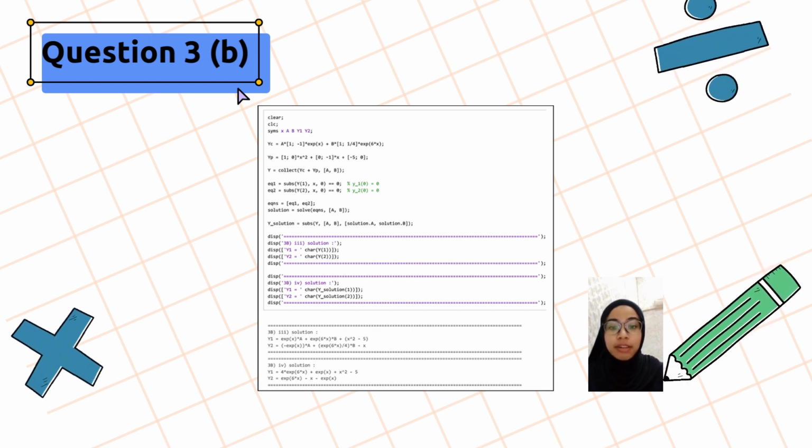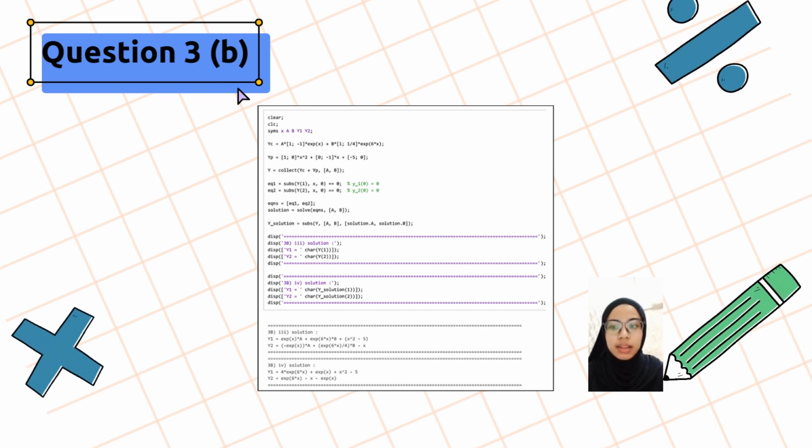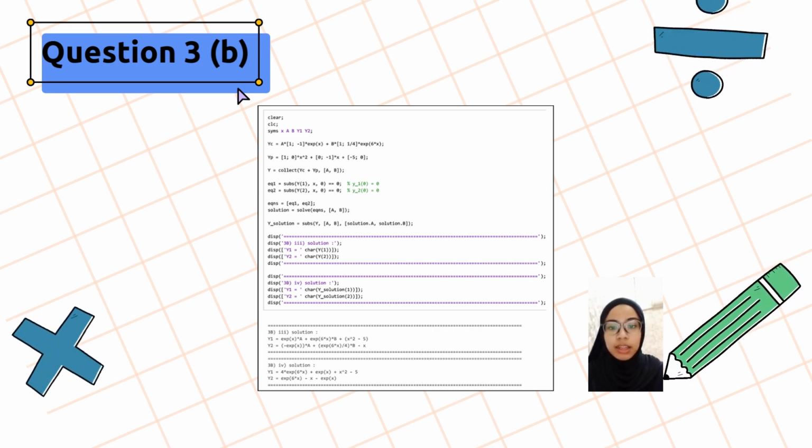Then for part 4, to get the values of a and b, I use solution equals solve eqs, a and b. In the code, y solution equals subs y, a and b, and solution a and b is declared to solve for y. We then get the values of a and b.